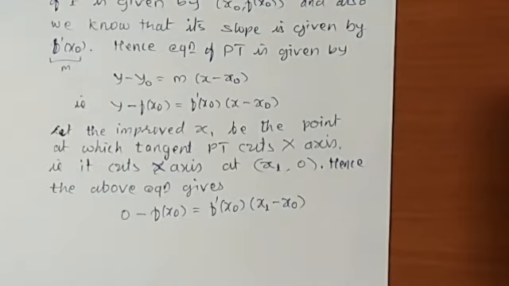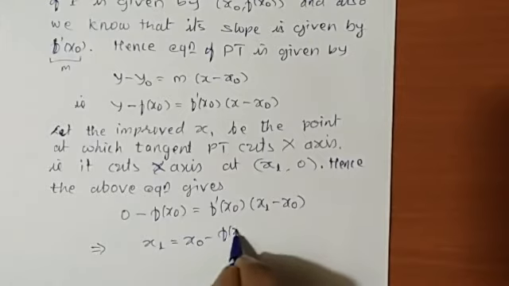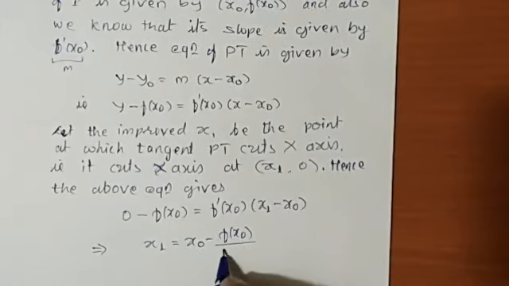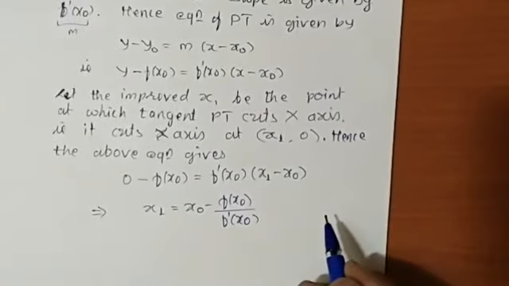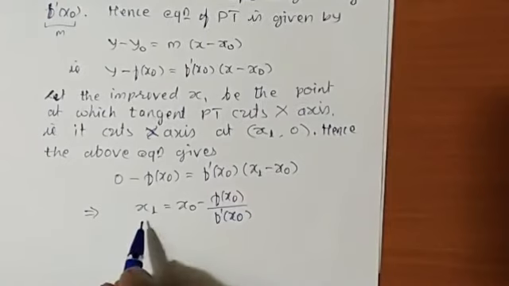So x I replaced by x1, y I replaced by 0. If I simplify this, this gives x1 is equal to x naught minus f of x naught over f dash of x naught. So this is my Newton's method formula for x is equal to x1.